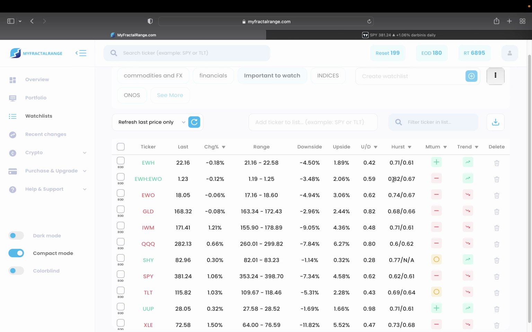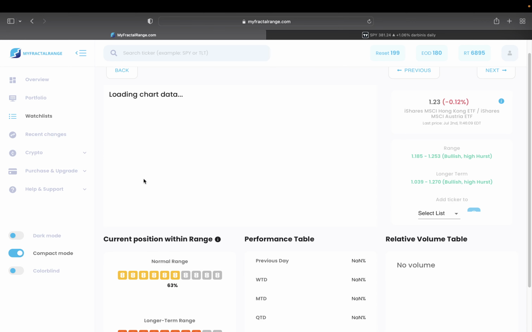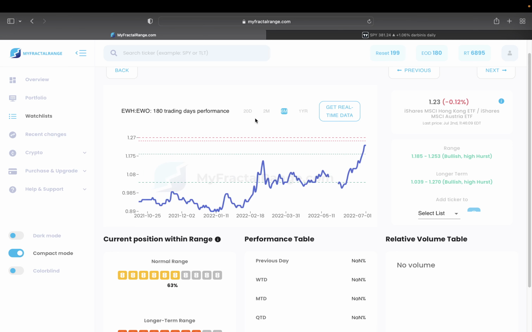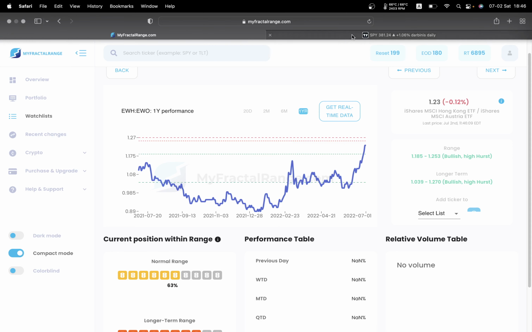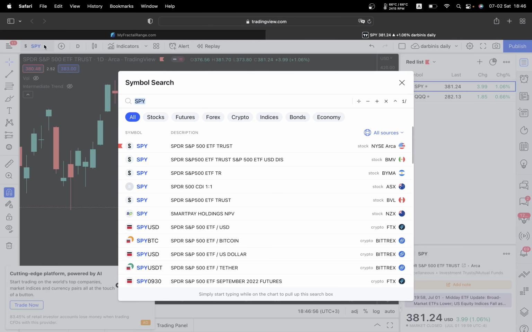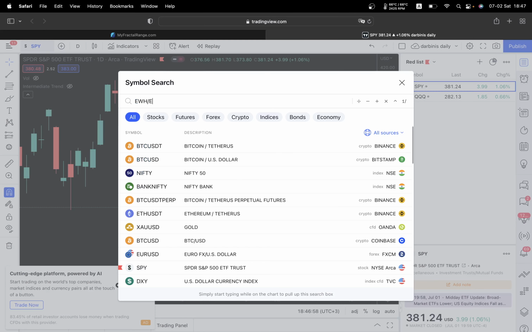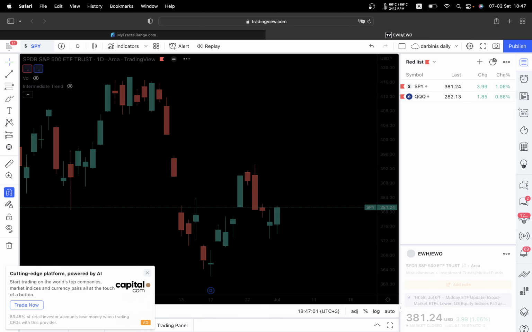But look at this number, 0.82 on a 3-month Hurst. And actually, we can see that from a chart. Yeah, let's say 1 year chart. Yeah, high Hurst assets tend to behave like this. We see a big spike up, then we see another big spike up, then we see a spike down. Maybe TradingView will be better for that because we want to see the candles.